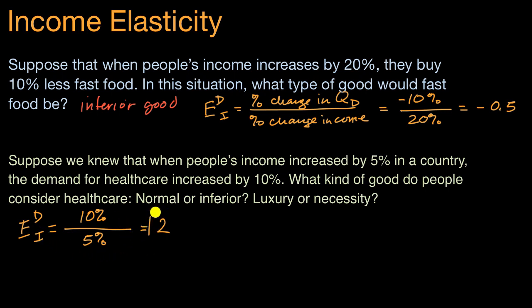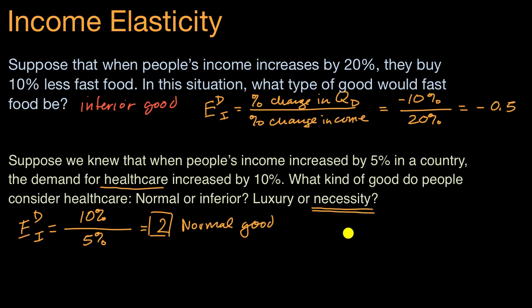And in general, if this is positive, you're dealing with a normal good. As income goes up, you similarly see quantity demanded going up. So this is a normal good. And is it a luxury or a necessity? I would consider this to be a necessity.